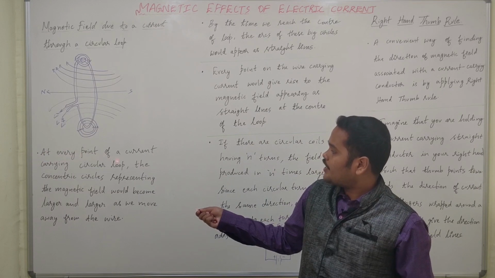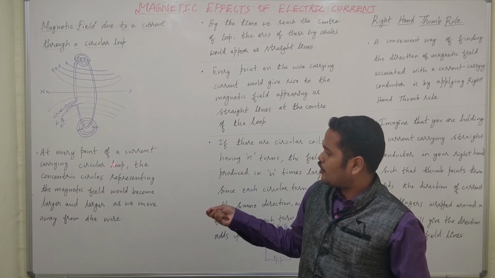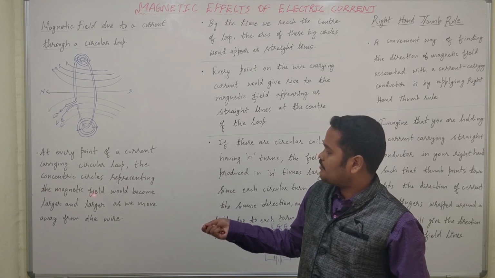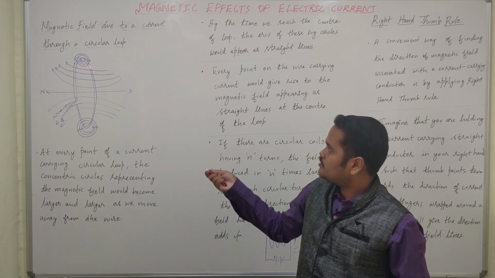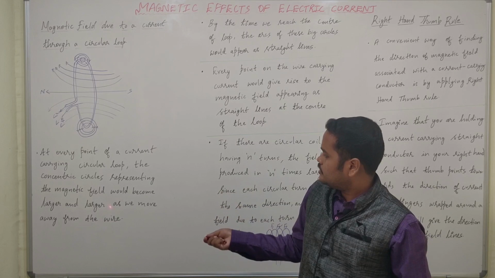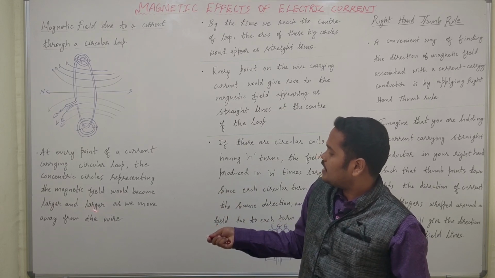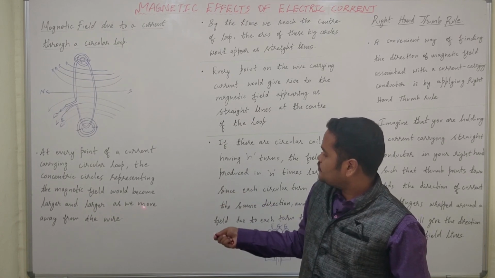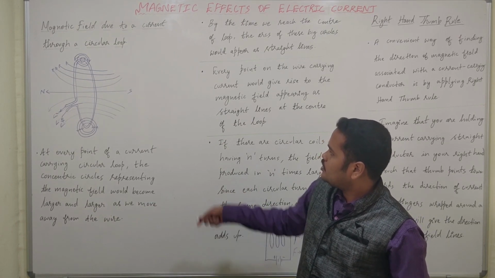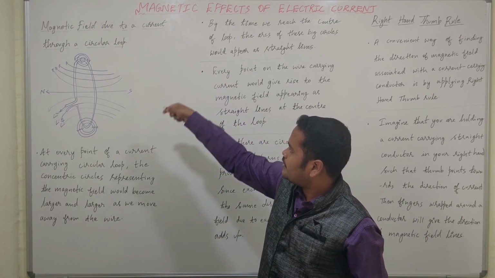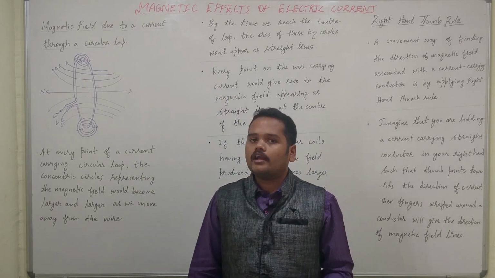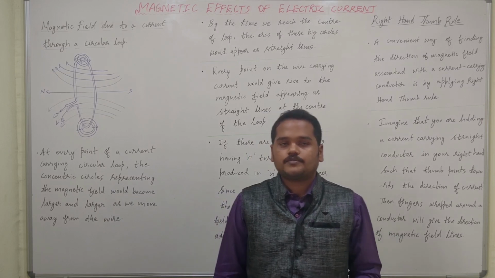At every point of a current carrying circular loop, the concentric circles represent the magnetic field. So these circles represent the magnetic field. They become larger and larger as we move away from the wire.